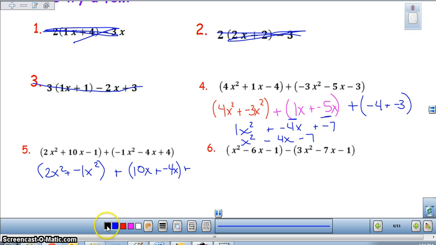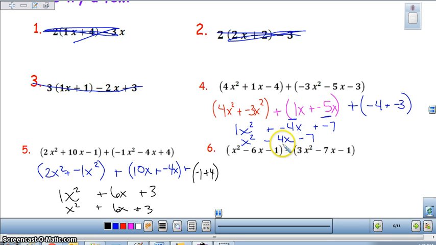As we add the constants, we are going to have negative 1 plus 4. In simplest form, we are going to have x squared or 1x squared plus 6x plus 4 plus negative 1 gives us 3 as our simplified answer. We'll check this last one.